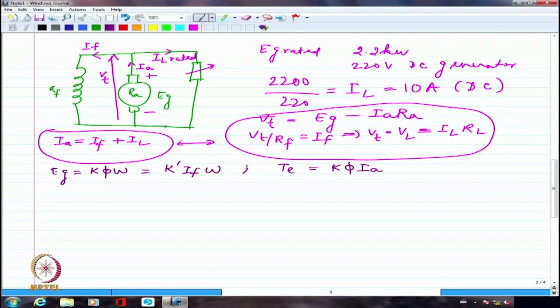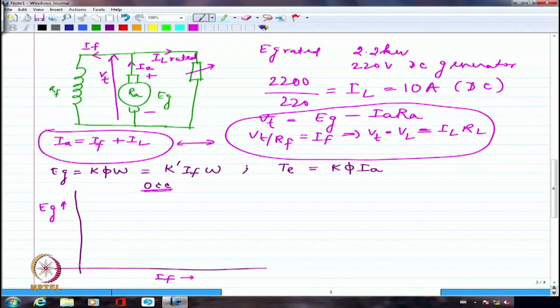Now, let's try to draw the external characteristics for this self-excited generator. Let me first draw what we drew as the OCC, from which we are going to derive how the external characteristics look. So, this is my EG, this is IF.